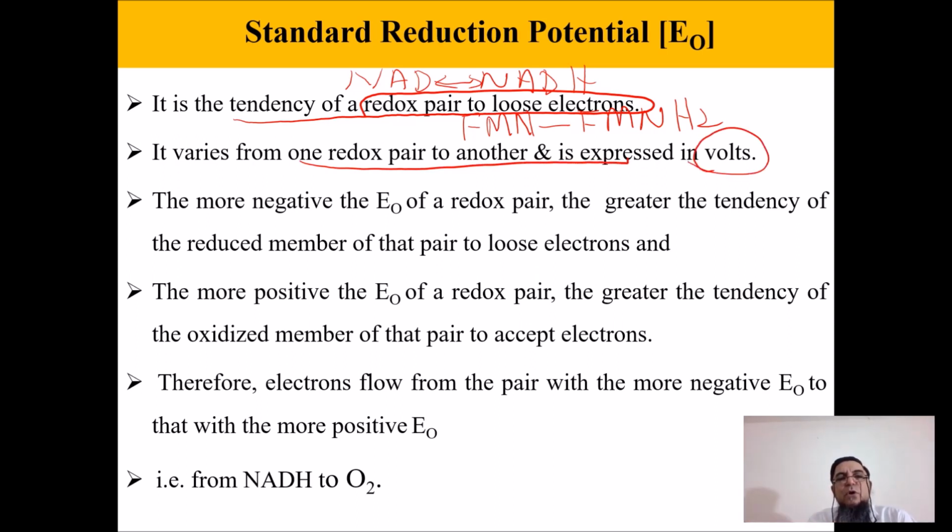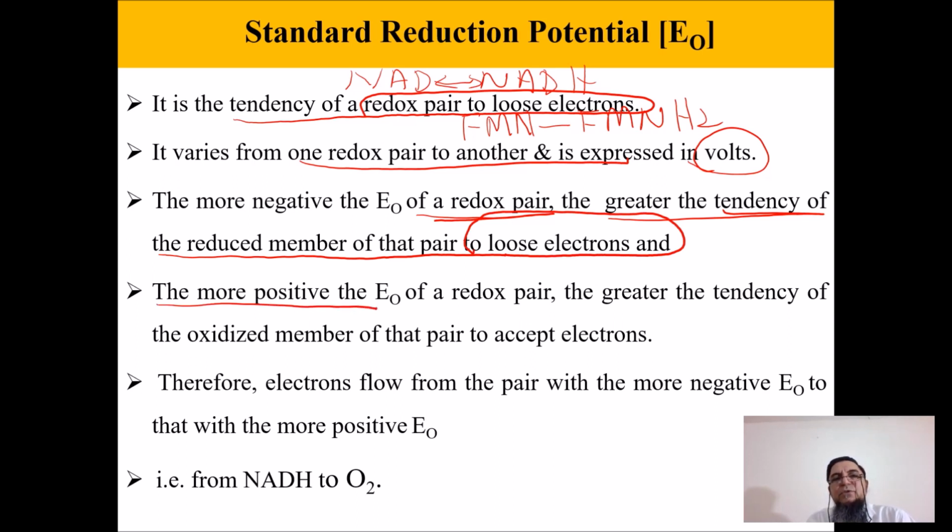So the more negative the redox potential of a redox pair, the greater the tendency to reduce the member of that pair. That means it will have the greater tendency to lose electron. The more positive the redox potential of the redox pair, the greater the tendency of that pair to be oxidized, to accept electron.